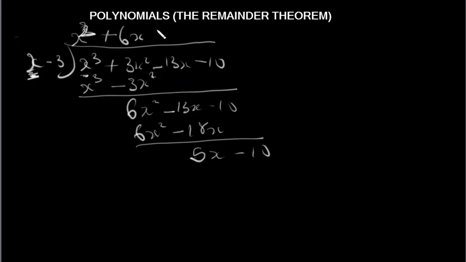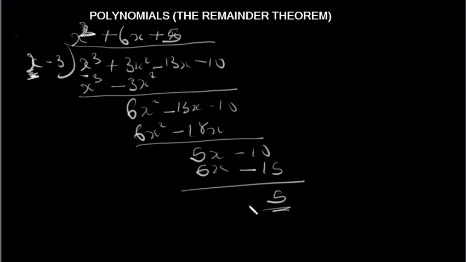This time around we have plus 5. x times 5 will give us 5x, and minus 3 times 5 will give us minus 15. Now 5x minus 5x is 0. Minus 10 minus 15, that is minus 10 plus 15. So this is 5 here.